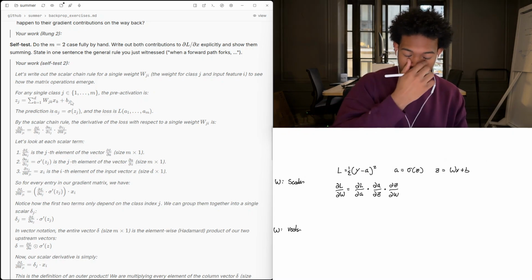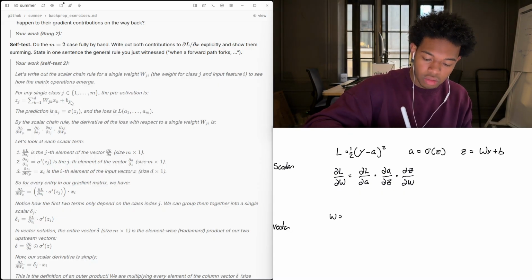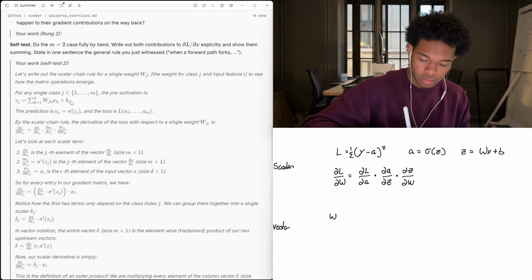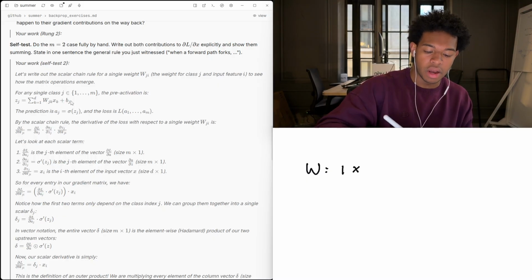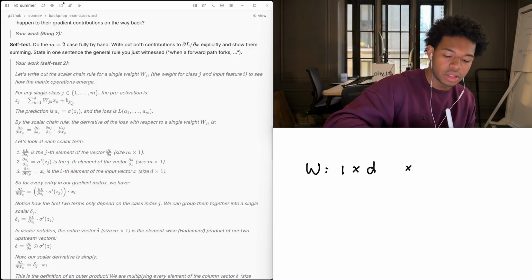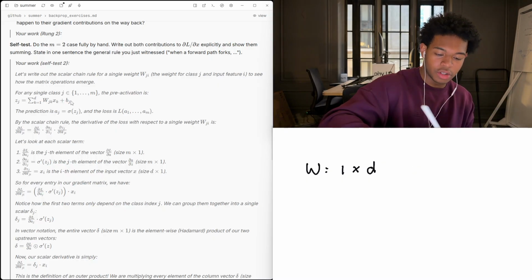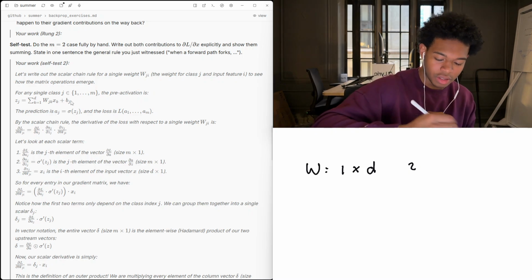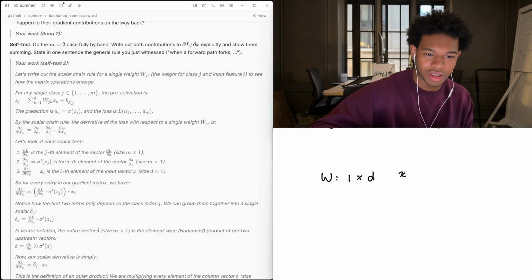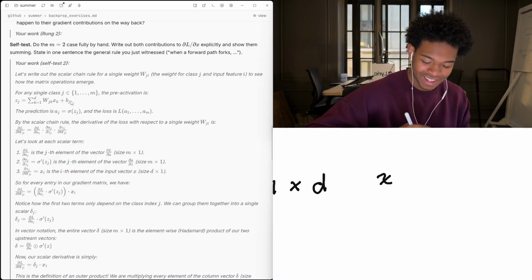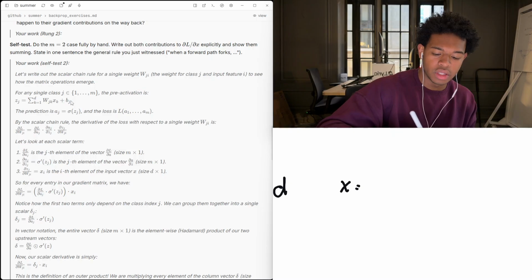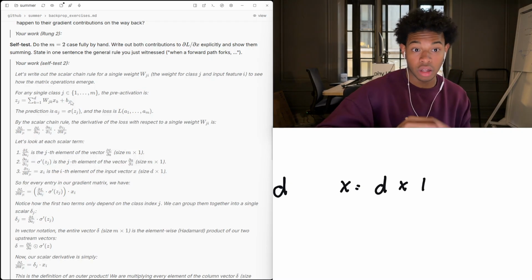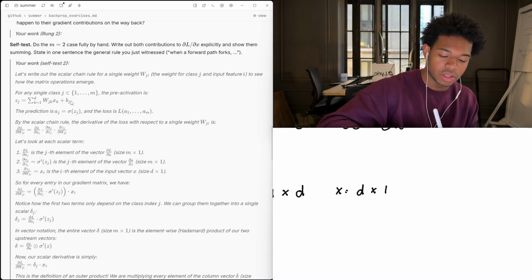That means W is a 1 by D vector, and X is D by 1, which makes it a column vector, which is important because we discussed this, which means that B is a scalar.